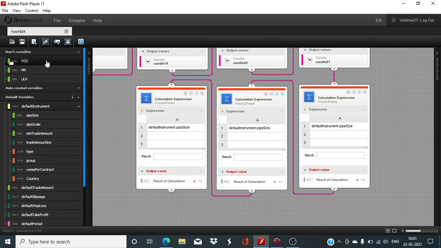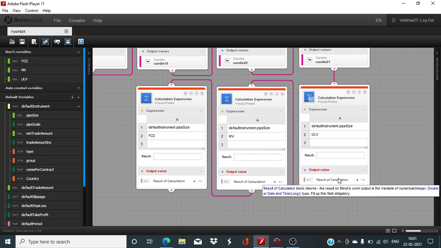Okay, now I will take these 3 variables and multiply this by default instrument pip size. So the result is going to be A1 into A2.